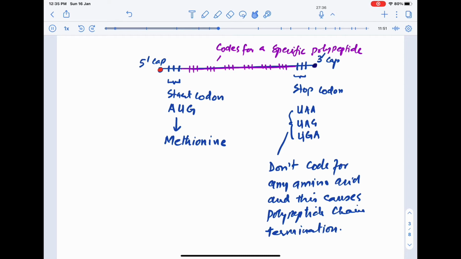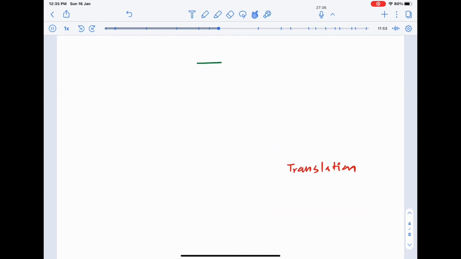If a DNA template has, for instance, this coded information, obviously this would have some specific sequence, but you can write any sequence randomly.